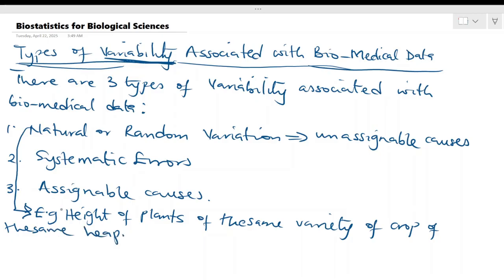Okay, so that's example number one. Example number two on the natural or random variation is the weight or height of identical twins.